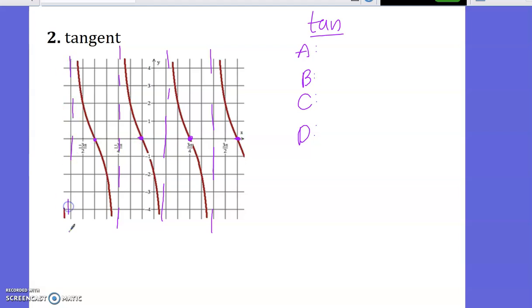Then from that point to the asymptote, if I go halfway, those are my amplitude points. So my top line falls right there, my bottom line falls right there, and my middle dash line falls right there. Filling in my axis.